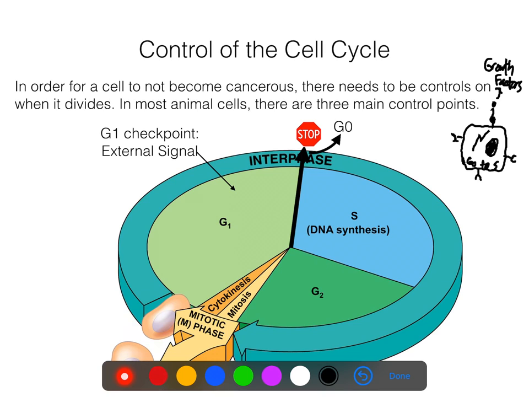But the growth factor says to a cell, hey, you are eventually destined to reproduce, so you should prep for that. Remember, DNA is made in S phase. Replicating the DNA is a very energy-intensive process. It takes a lot of energy to do it, and there's no need to do it unless you're going to reproduce.